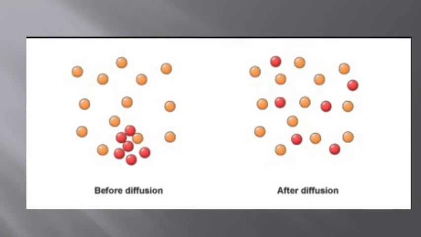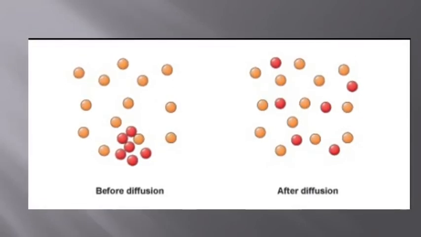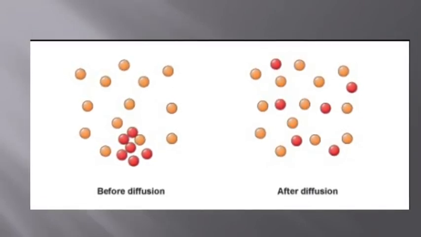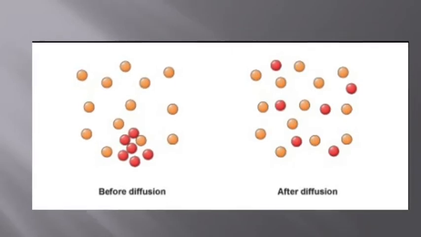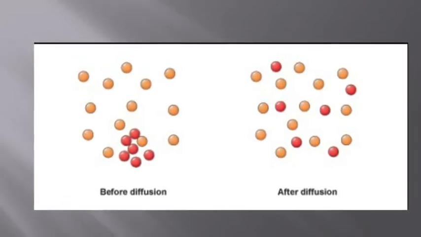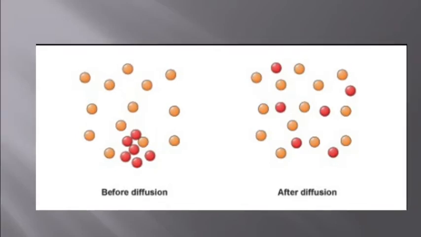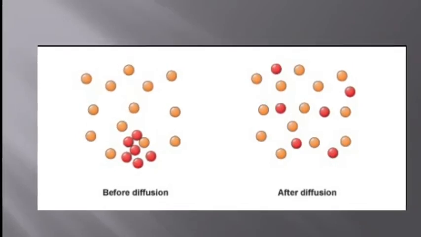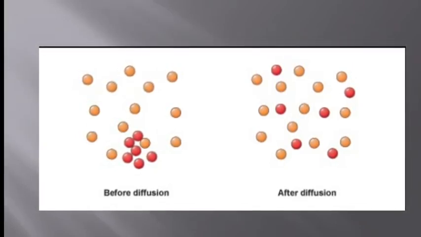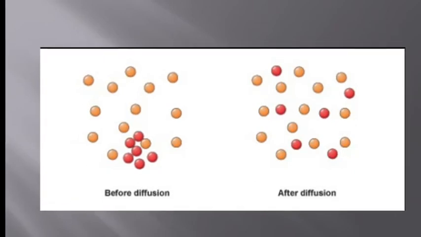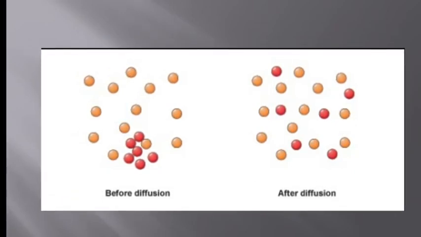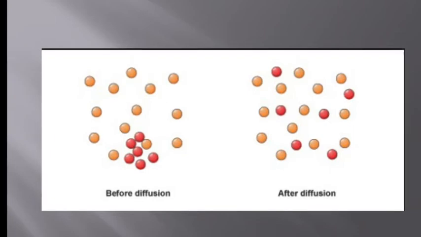And after it has been sprayed in the room, it had spread evenly, and that is what we see after diffusion. The red particles are evenly distributed in the space it finds itself, and at that stage, we will see that diffusion has taken place.